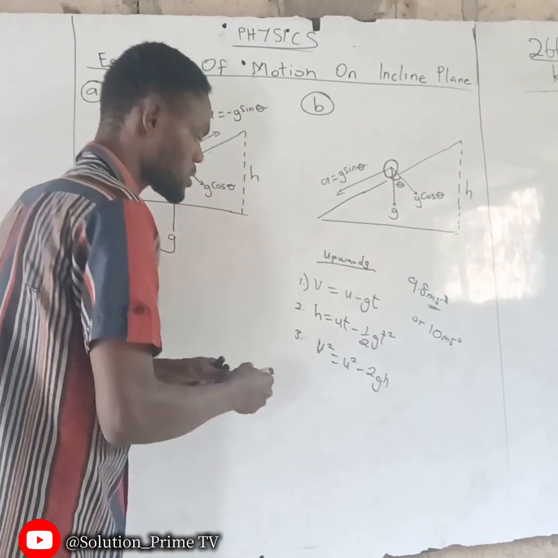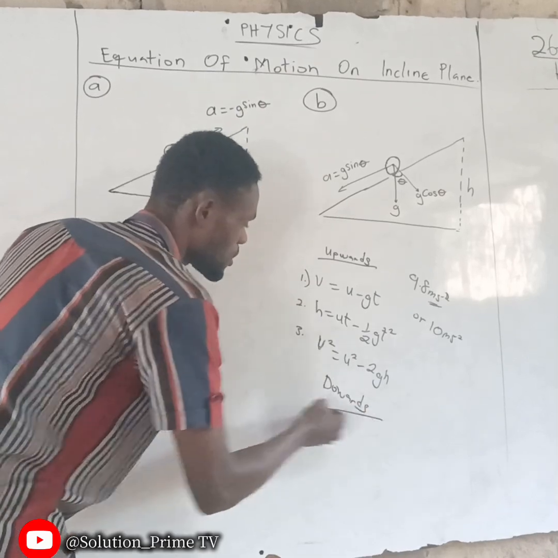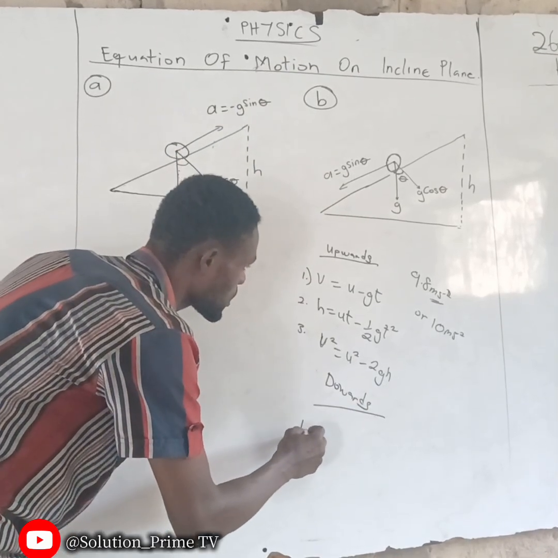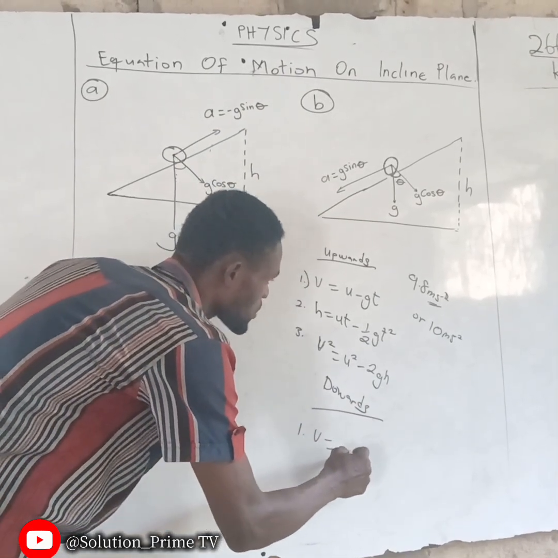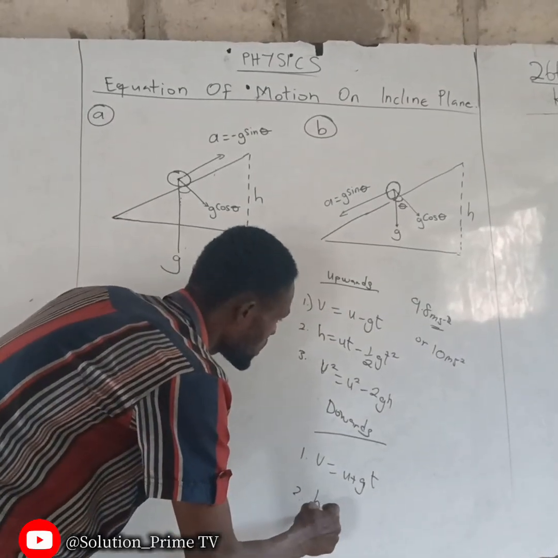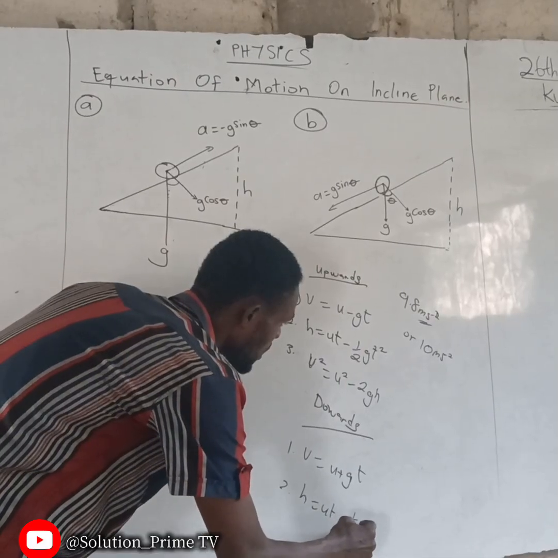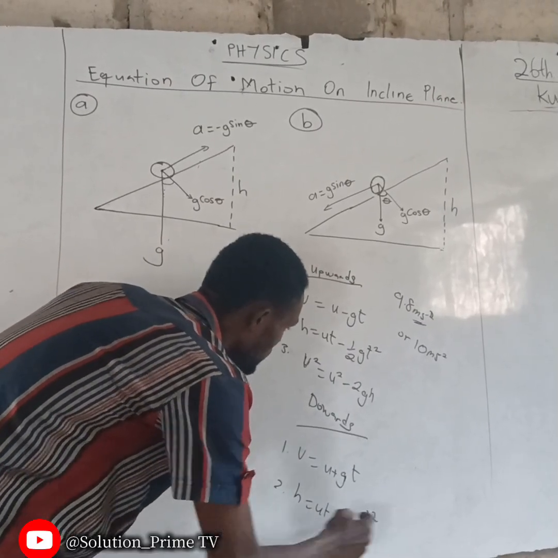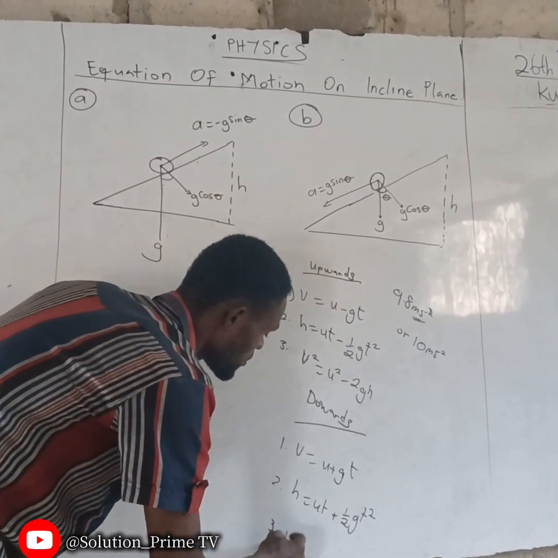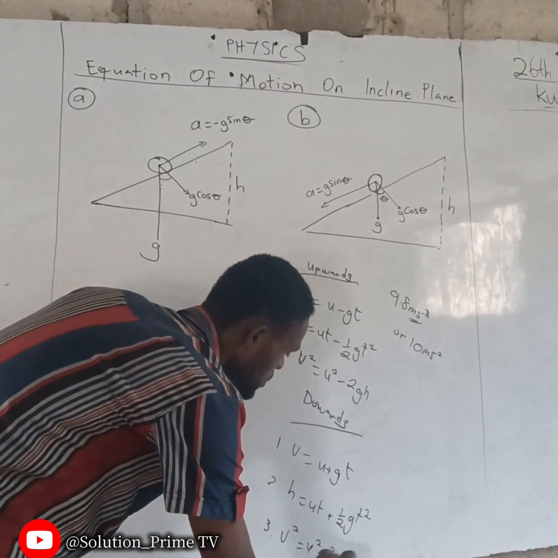This is upwards, and for downwards we have: one, V is equal to U plus GT; two, H is equal to UT plus half GT squared; then three, V squared is equal to U squared plus 2GH.